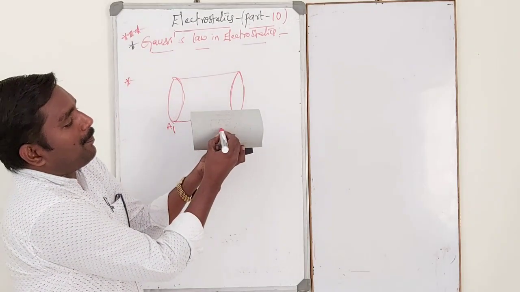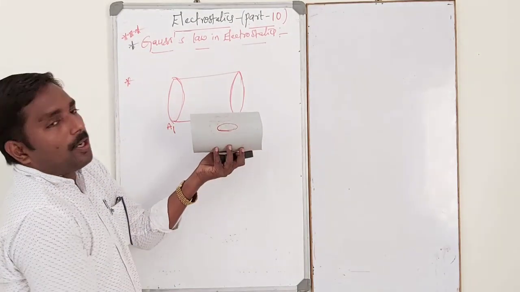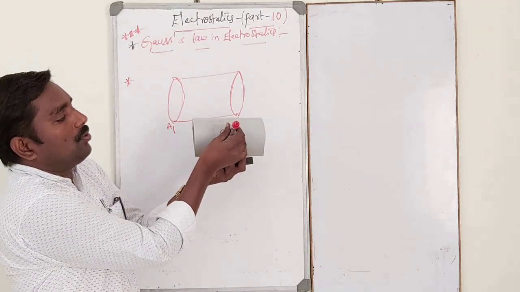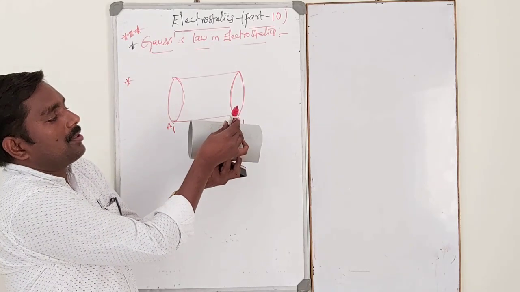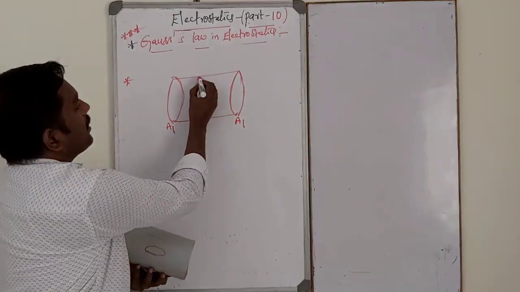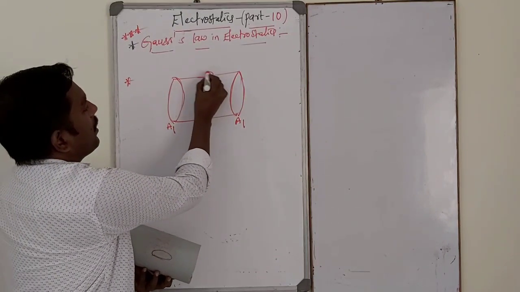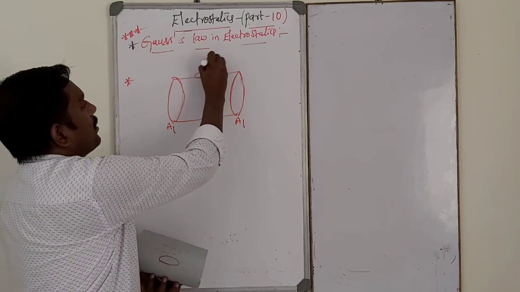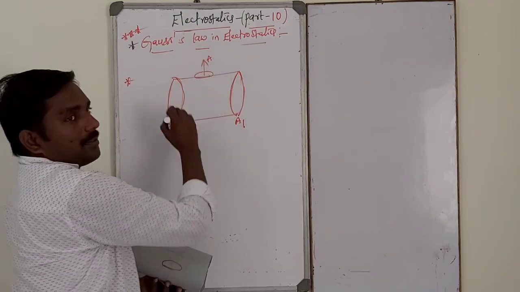So consider a small piece, cut a small piece. What is the area of this small piece, radially outwards, like this? Area of this outwards, small piece.